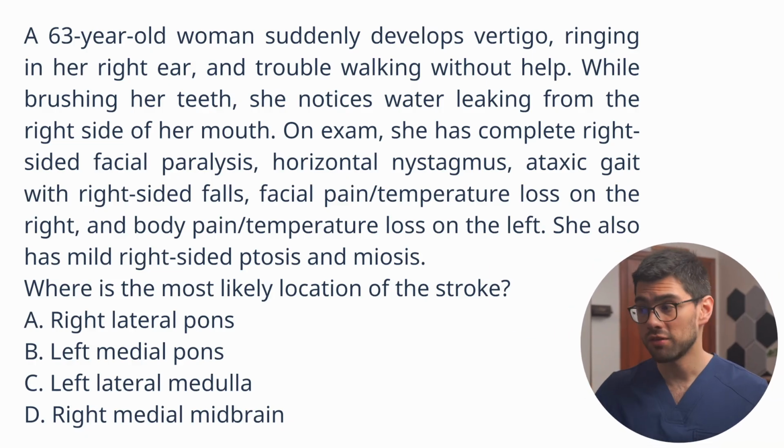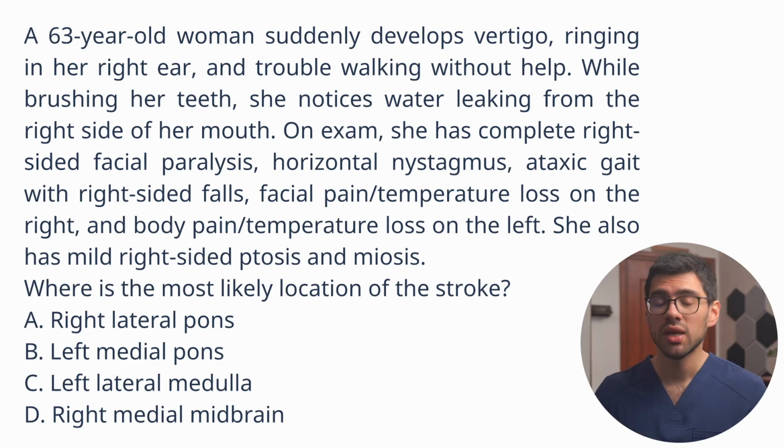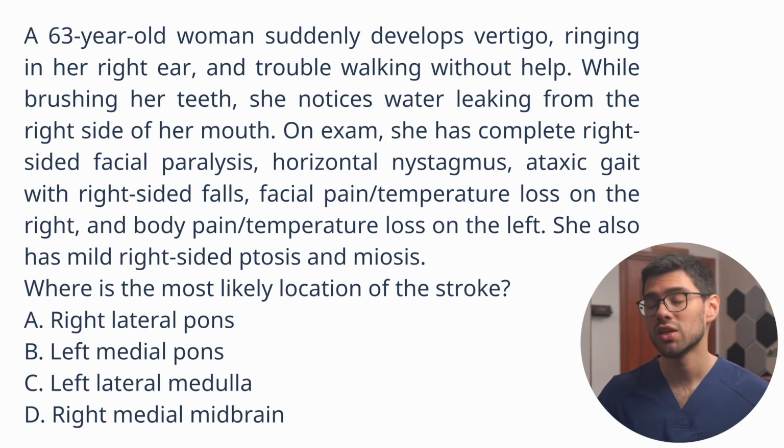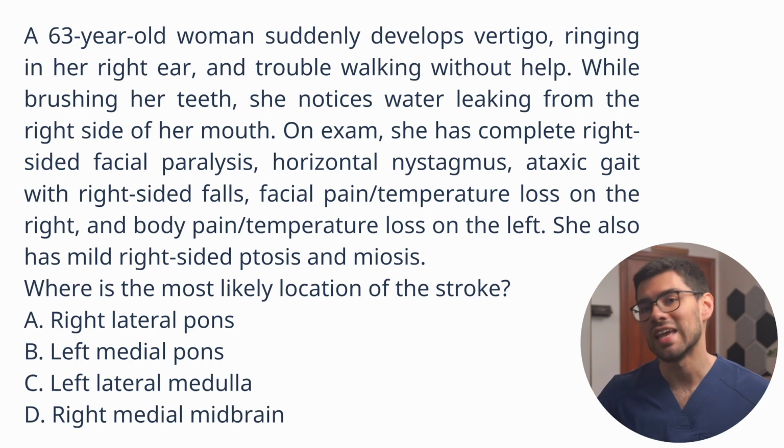Okay, so same thing. First, what's the horizontal axis? Medial or lateral? Well, the presence of ataxia, Horner syndrome, facial sensory loss, and contralateral body sensory loss all suggest lateral, particularly a right lateral syndrome. Now, what about the vertical level? Where do you think we are? Well, the two key findings are signs of cranial nerve 7 and 8 involvement.